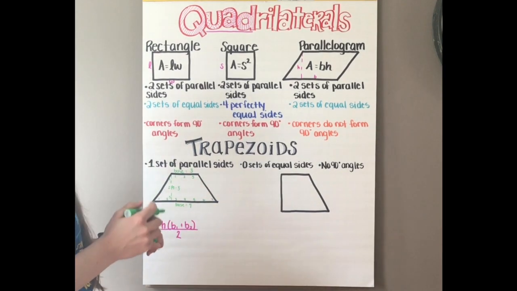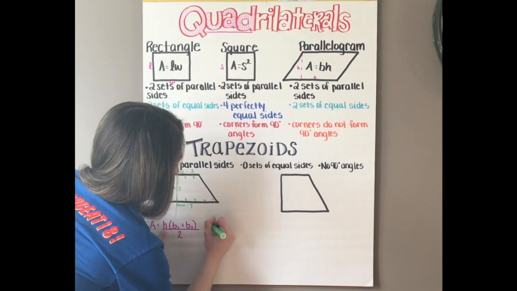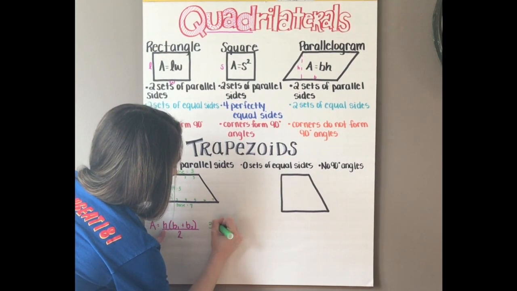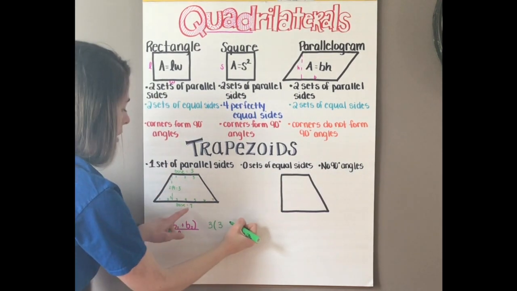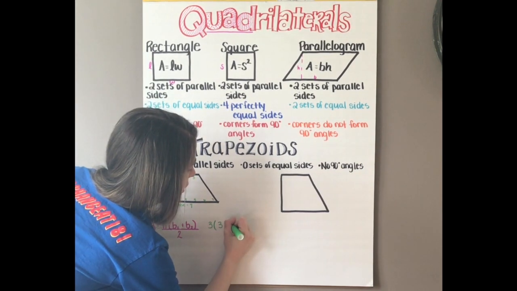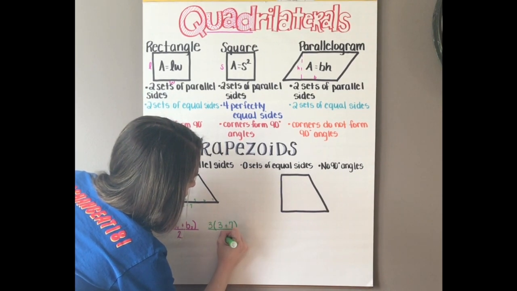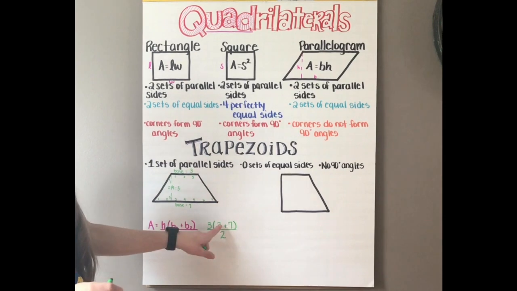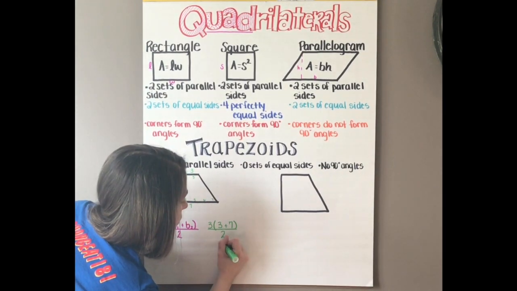So now we're going to substitute in what we know. The height is equal to 3. The base 1 is 3. Base 2 is 7. And all of that divided by 2. So now if I'm following order of operations, I want to do 3 plus 7, which is 10.